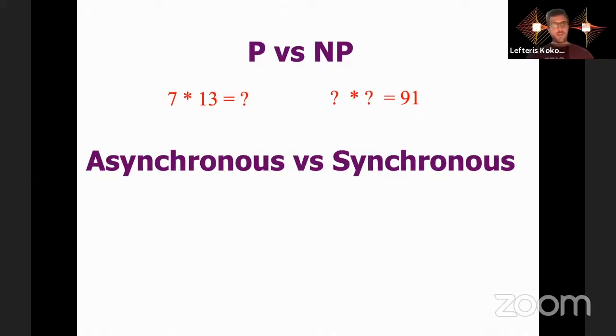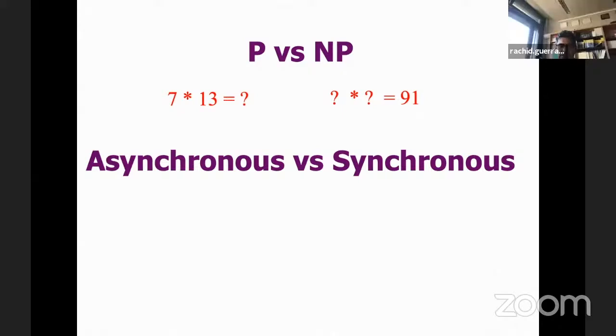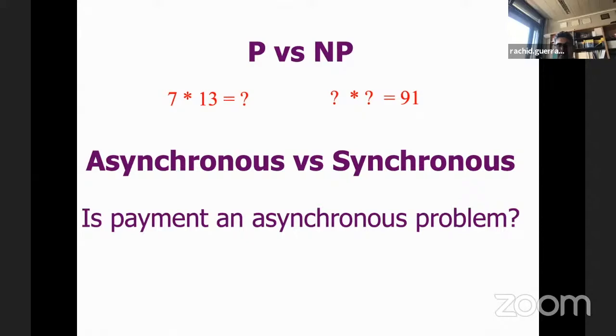In contrast, you have problems that I call asynchronous, like sending a message is an asynchronous problem. You don't need to agree with anyone, you just send a message. Broadcast is also an easy problem. And the question we asked is: is payment a synchronous or asynchronous problem?